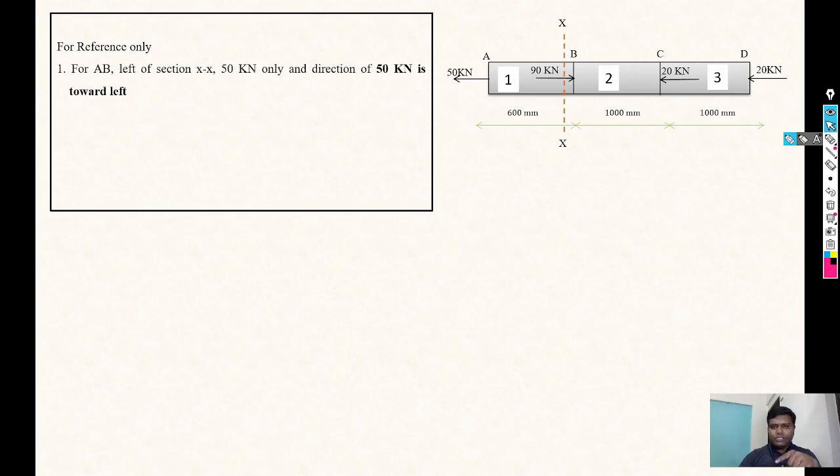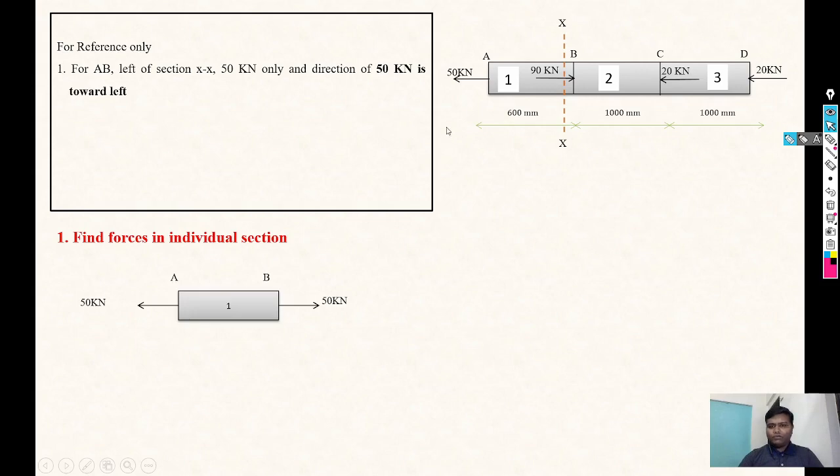Only one force is there, that is 50 kilonewton, and that 50 kilonewton force is acting towards the left, so we consider it as negative. For AB, left of section XX is 50 kilonewton only, and the direction of that 50 kilonewton is towards the left.